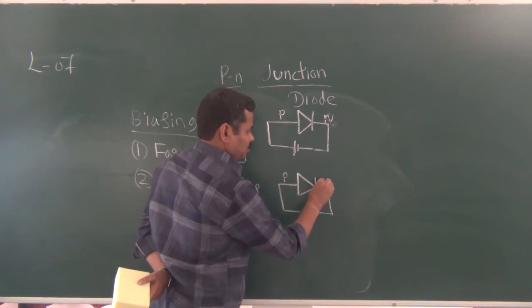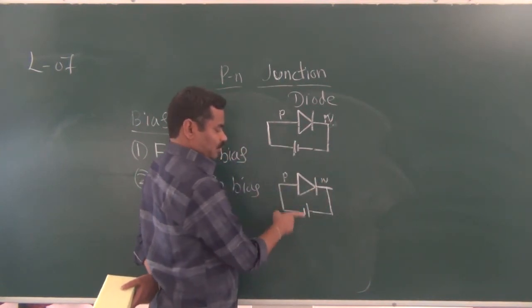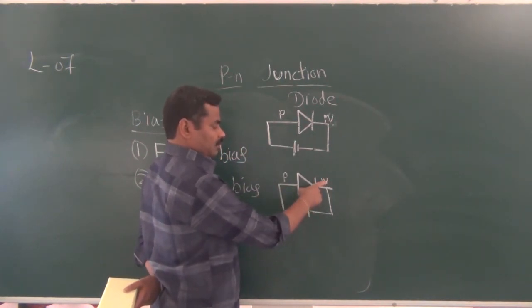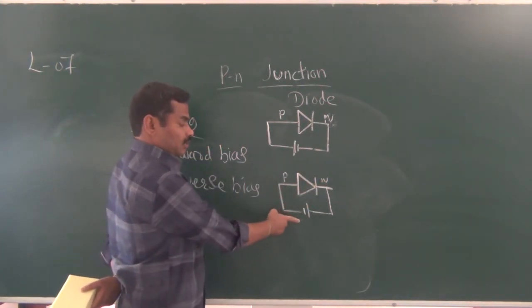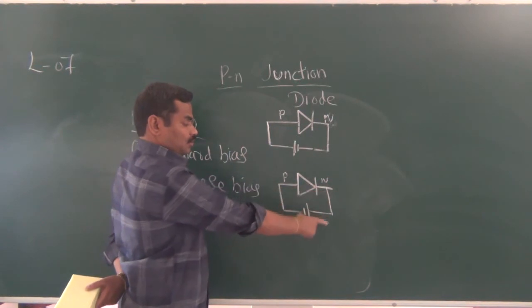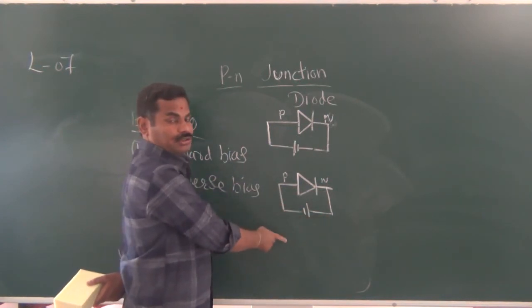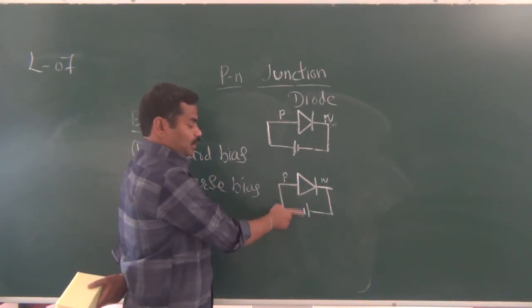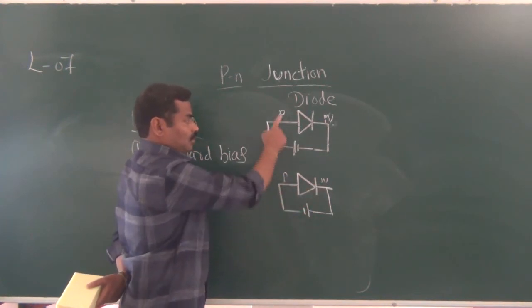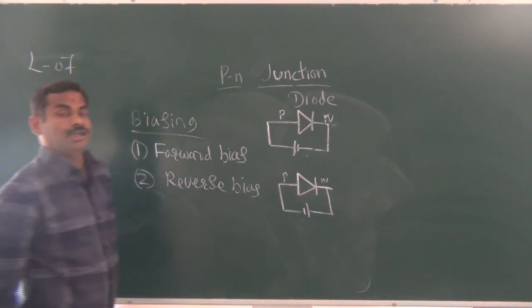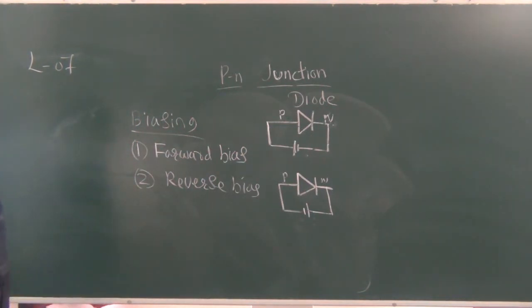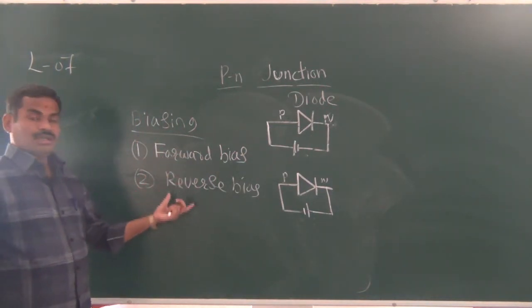In reverse bias, the P-type semiconductor is connected to the negative of the battery, and the N-type semiconductor is connected to the positive of the battery. It means opposite polarity. Same polarity is forward bias, opposite polarity is reverse bias. This is about forward bias and reverse bias.